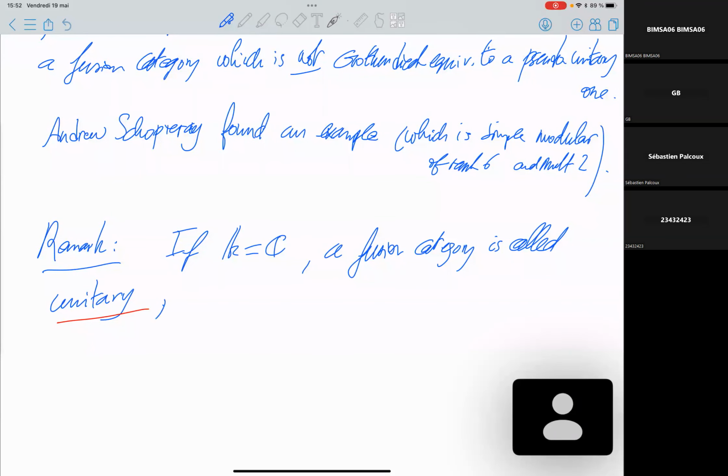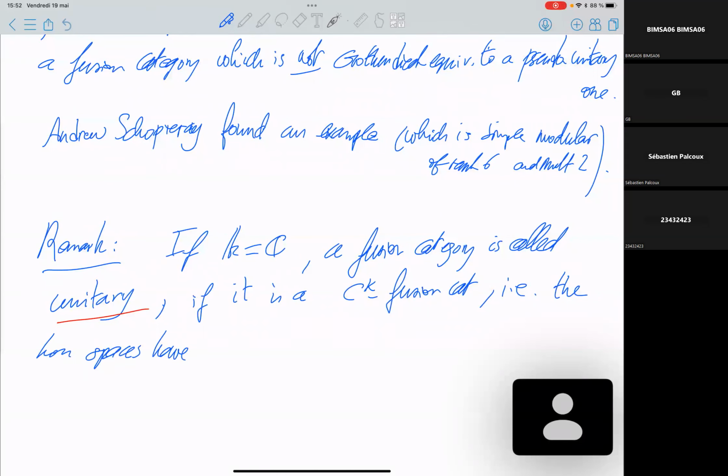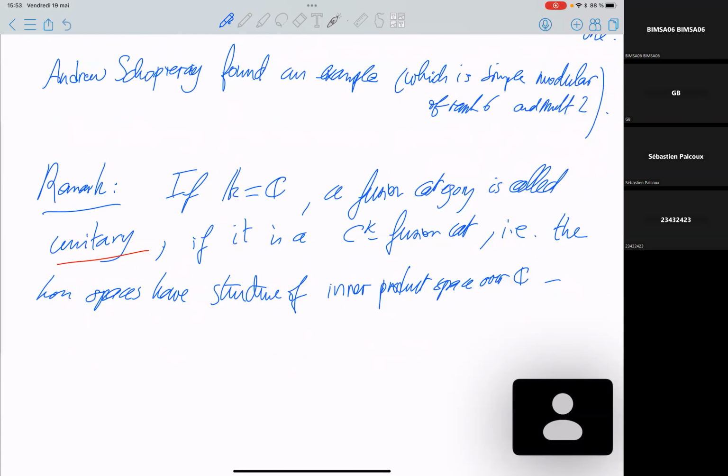Okay, so it's called unitary if it is a C-star fusion category, which means that the hom spaces have the structure of a linear product space over C together with additional C-star axioms, and that I will not write.